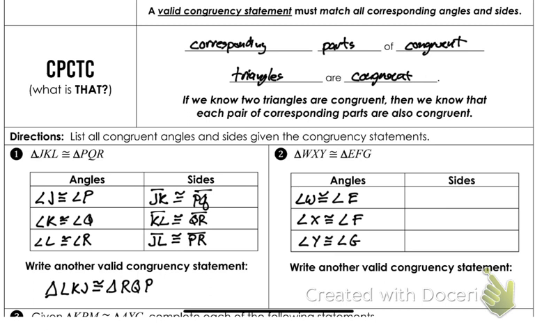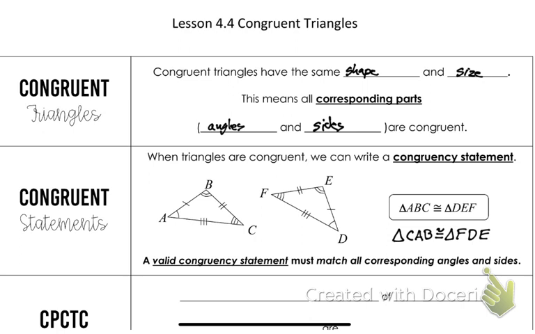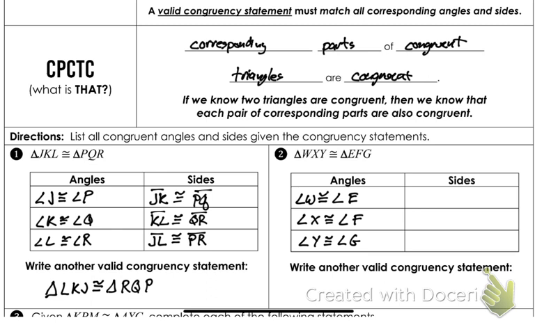Now we know all the angles are congruent, but as a reminder, all of our sides must match up as well with those tick marks. So to do the sides, you just do them in order. WX is going to be my first side. So the first two letters, WX, are congruent to the first two letters of the next one, EF.